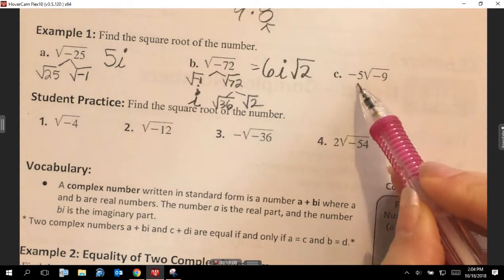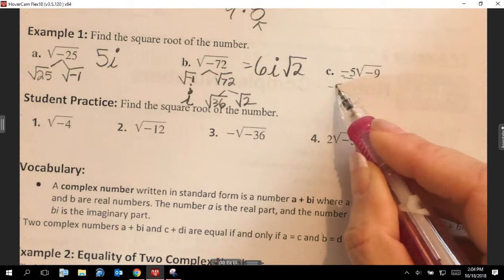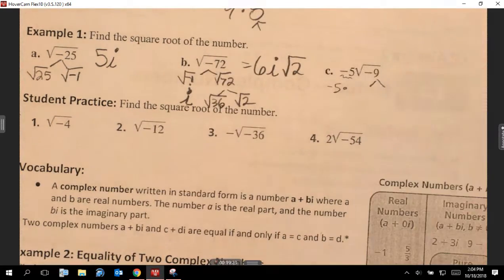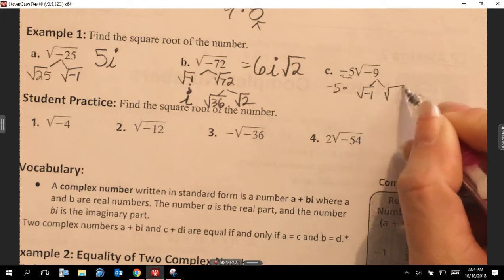All right, this C question, we've got a -5 and it's outside. What operation is between -5 and that square root that's sitting there? That's multiplication. So the -5 is already on the outside. I'm just going to bring it down and multiply by whatever I'm getting when I break this down. Square root of -9 can break down to square root of -1 and square root of 9.